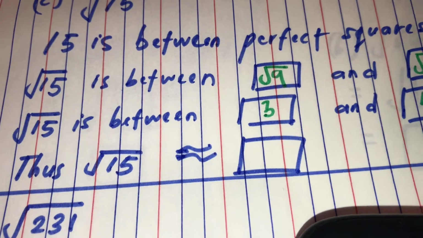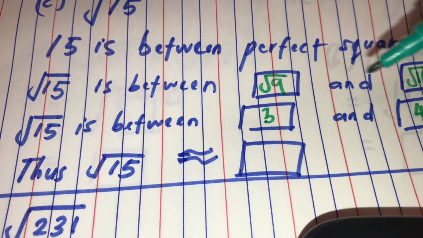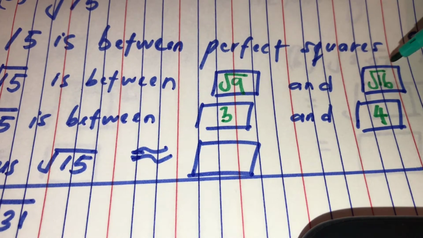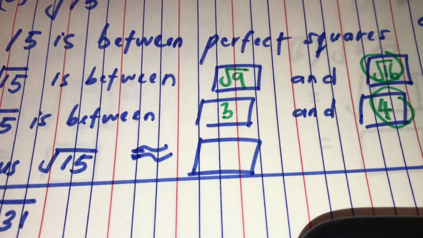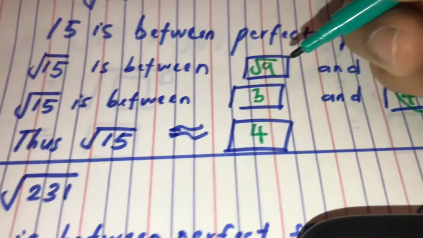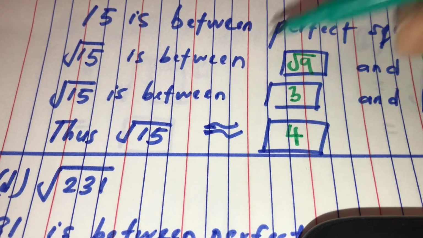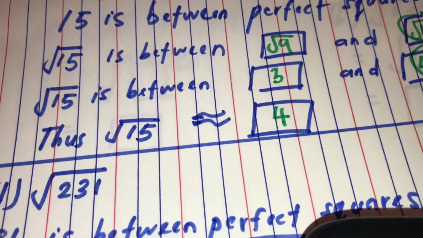And then this square root 15, 15 is near to 9 or 16? So 15 is near to 16, right? So the answer here is 4. So square root 15 is near to 4. Estimation, the nearest value.